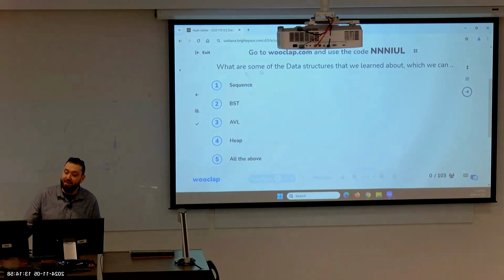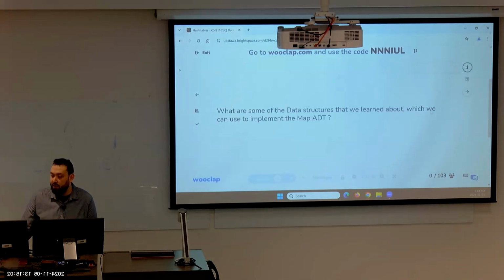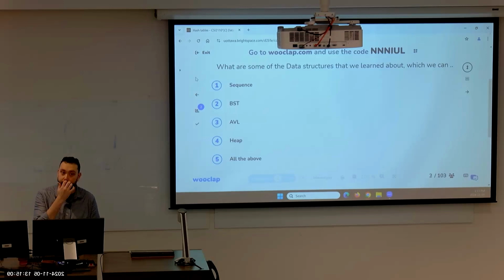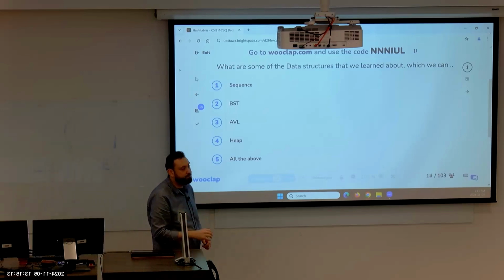What are some of the data structures that we have seen, that we learned about, which we can use to implement the MAP ADT? We've been studying maps for a while now.